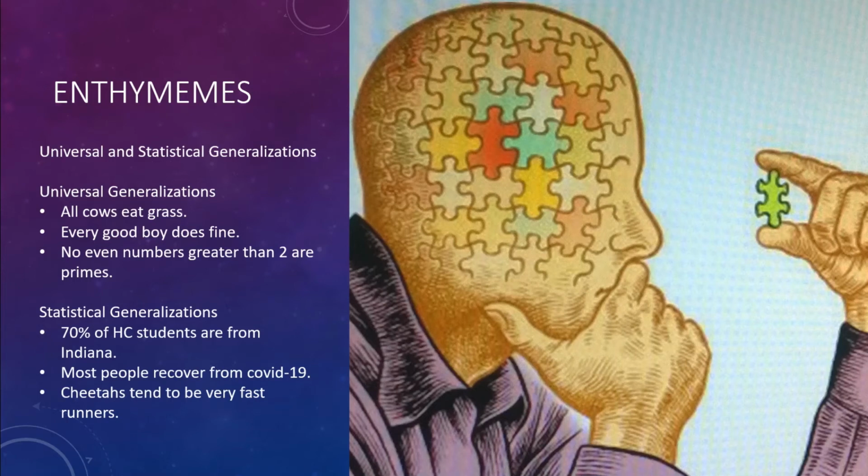This is not always the case that an unstated premise is a generalization, but many times it's the generalization that gets left unstated, and we need to be careful when we state those arguments in standard form, whether we need to select a universal generalization or a statistical generalization.